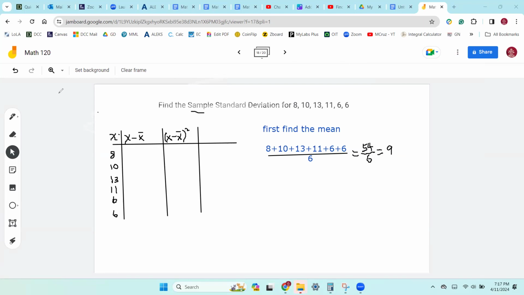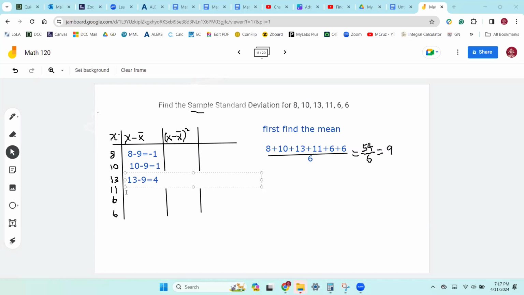So now we're going to take each value minus the mean. 8 minus 9 is equal to -1. 10 minus 9 is equal to 1. 13 minus 9 is equal to 4.